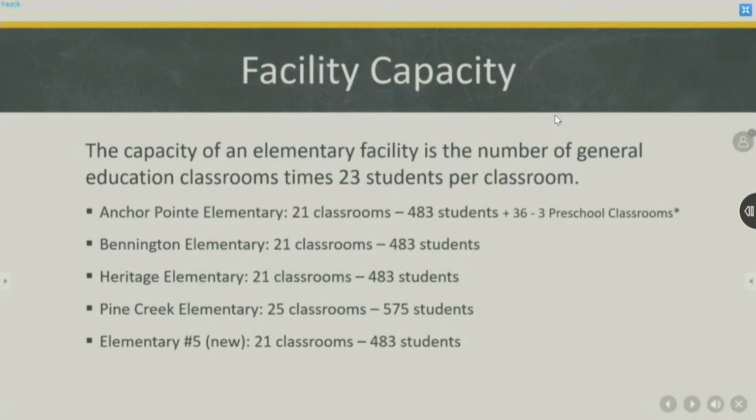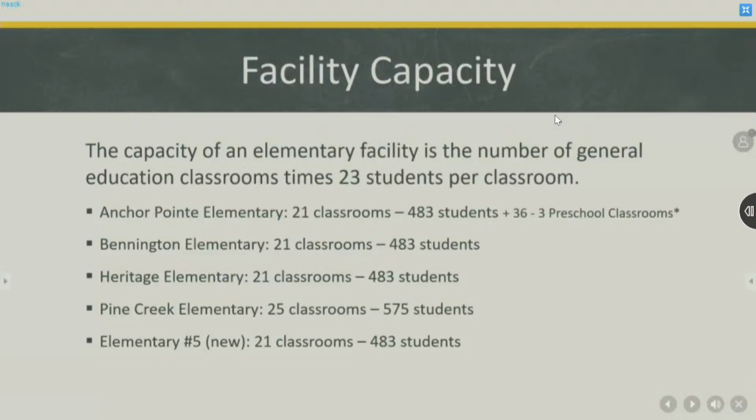Capacity, we look at it in this format. What is a general classroom? One classroom that is typical for kindergarten, 5th grade, 3rd grade. That classroom architecturally is told as 25 students. We have an average of 20.8, or right at 21 students per classroom.